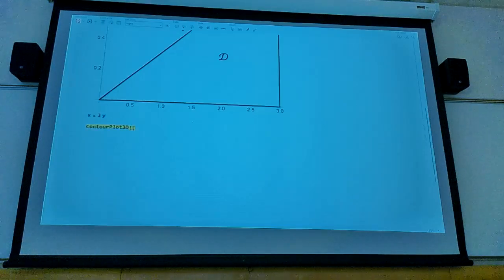I believe I mentioned it, but whenever I do any kind of 3D plotting, I always just use ContourPlot3D instead of Plot3D, because Plot3D just has funky things that it does. We need to plot two things: z equals 22 minus x squared minus y squared, and z equals 6.